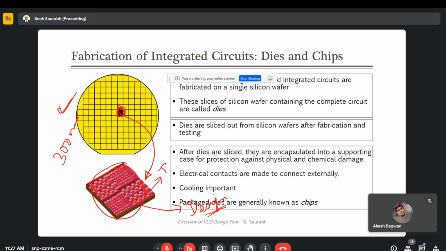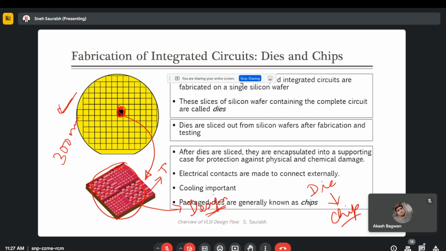So on these small pieces of silicon, we have millions of transistors, and these are fabricated using our design or our layout. And once those are fabricated, those are packaged using some packaging material, and when the dies are packaged, we get the chip, right?